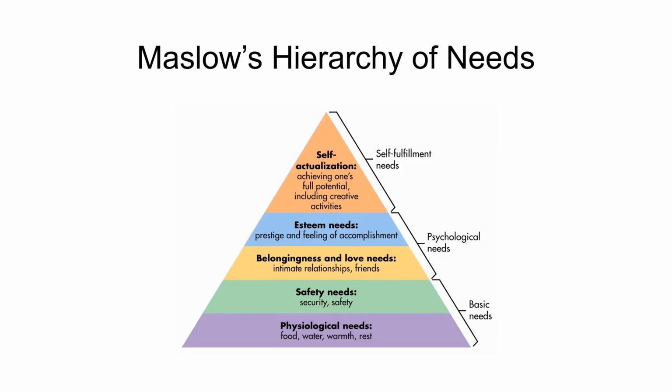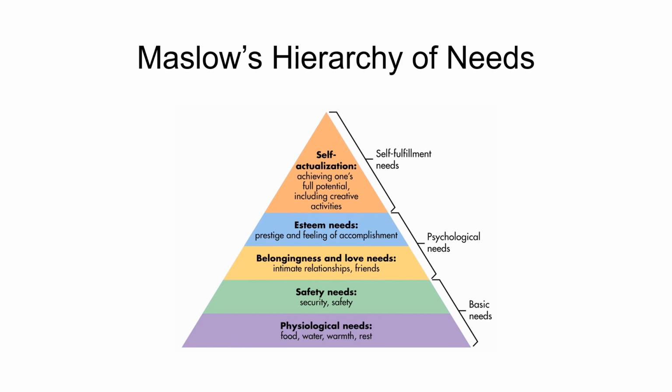Maslow's hierarchy is actually a great tool to show us where our patients' basic, psychological, and self-fulfillment needs are. If our basic needs are not being filled, then our psychosocial and our self-fulfillment needs will fall by the wayside. So if we are not getting food, water, warmth, security, and safety, we are not going to have intimate relationships.